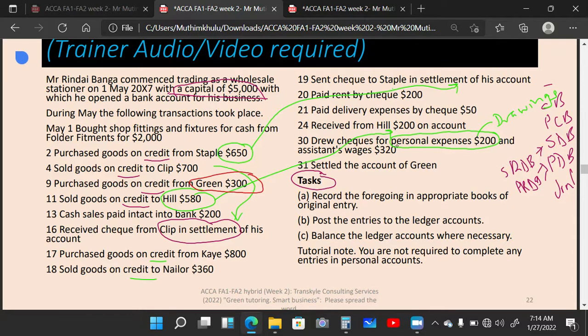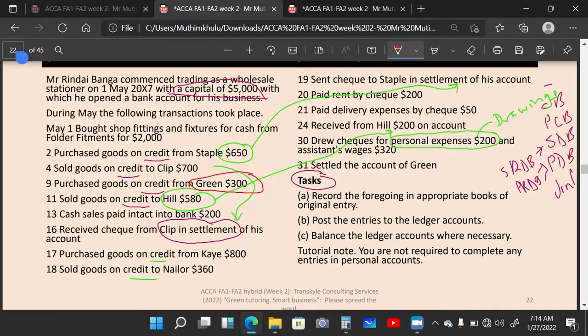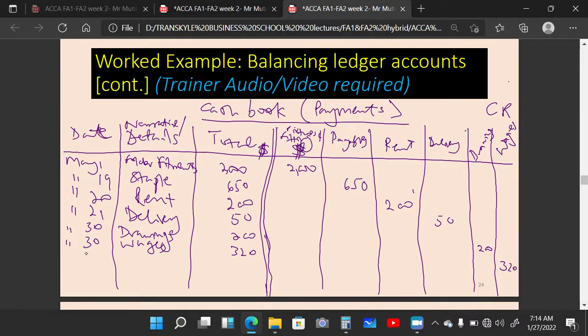So we settled $300. We are not going to write this date here, but the date of the transaction, that is 31st, $300. Green was a payable, so we go under the payables column. That's it, ladies and gentlemen.